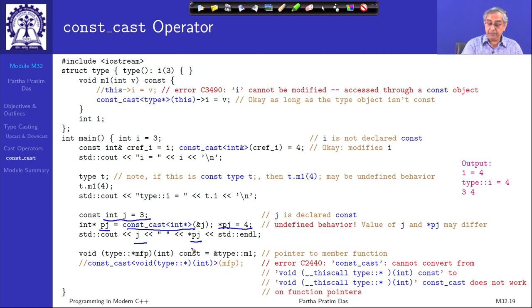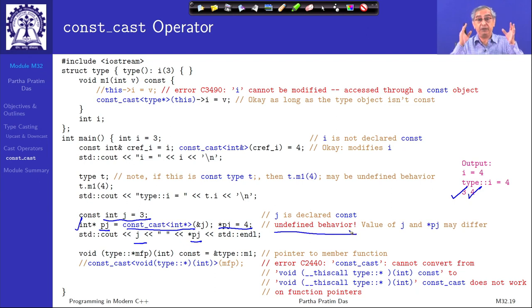Print j, print p j, this j remains to be 3, p j is 4. So, that is what I was meaning, that you cannot change the constness of the object. You can have a non-const view of the object created by putting this separate reference or pointer, and this can be risky because this is an undefined behavior.